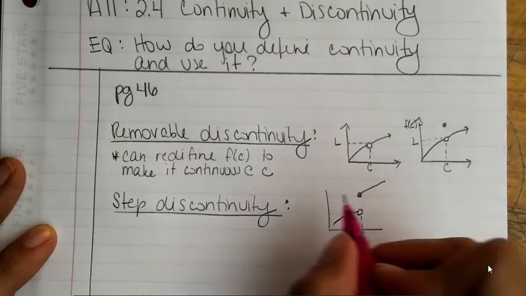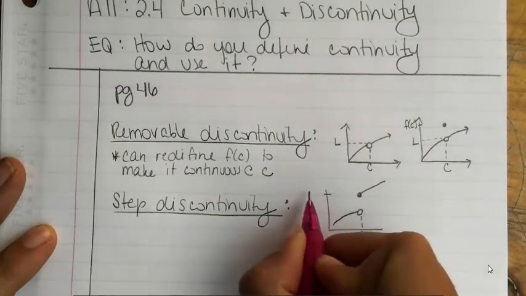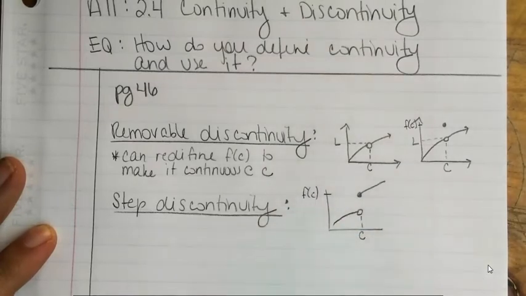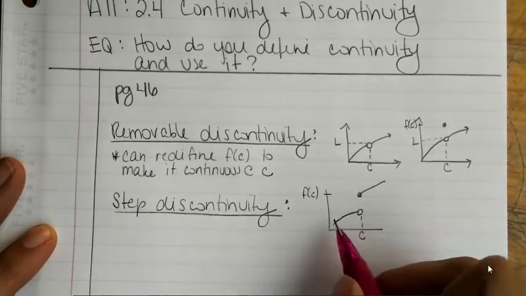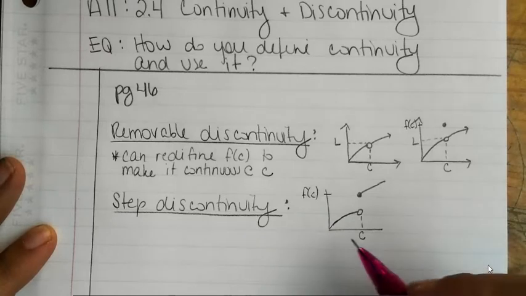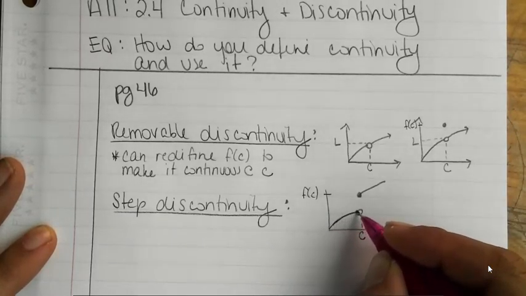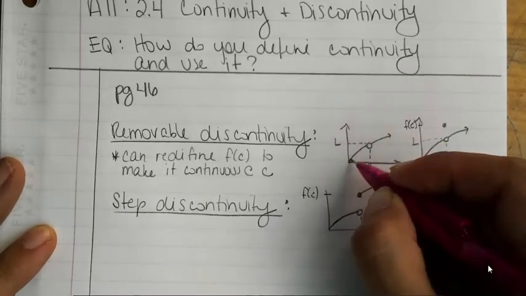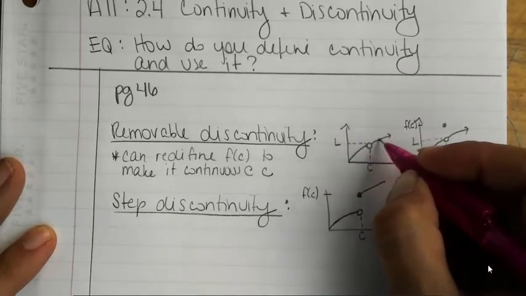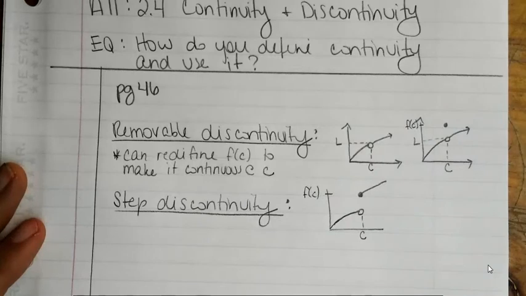So f of C is actually defined up here, but it's not continuous. Anytime you think of continuity, think, can I keep my pencil here? Do I need to pick my pencil up? Yeah, I do. It's not continuous, it's discontinuous.